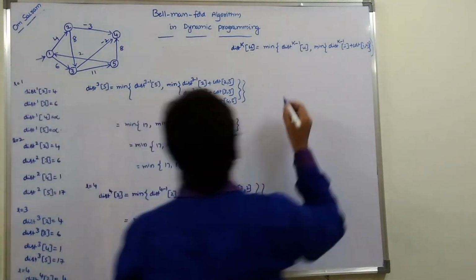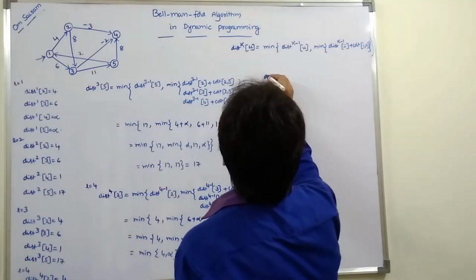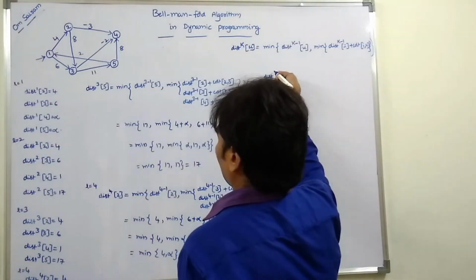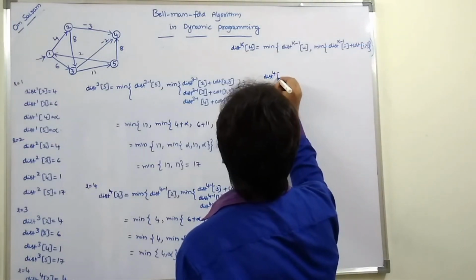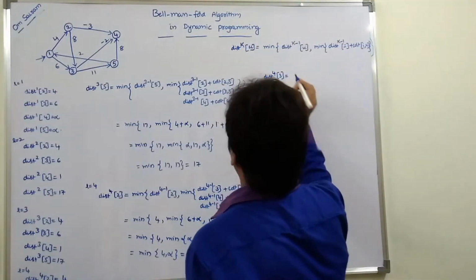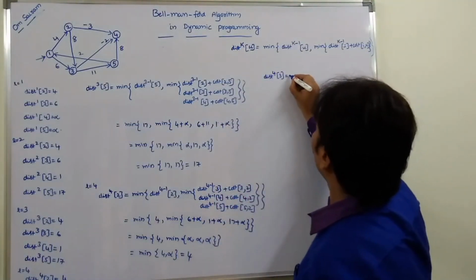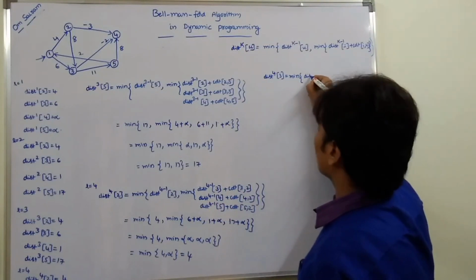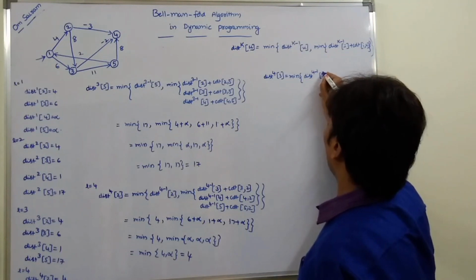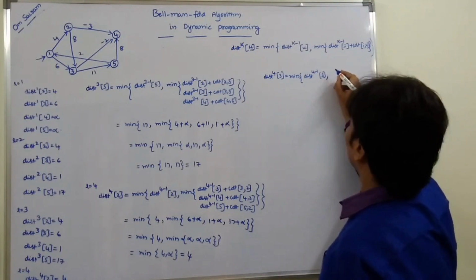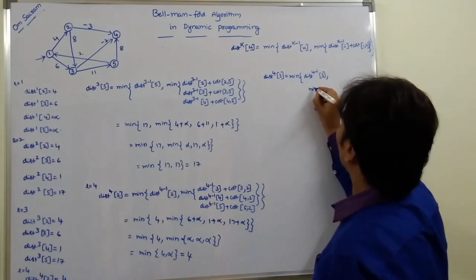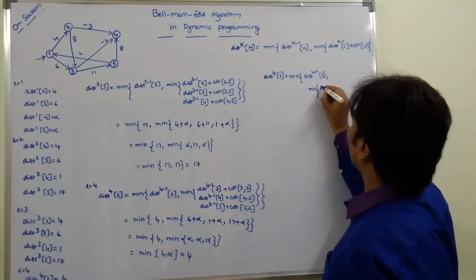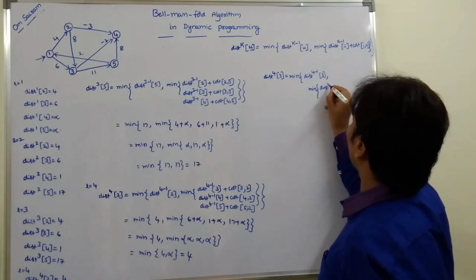Next, DIST 4 of 3 is equal to minimum of DIST 4 minus 1 of u value is 3. So minimum of DIST 4 minus 1.